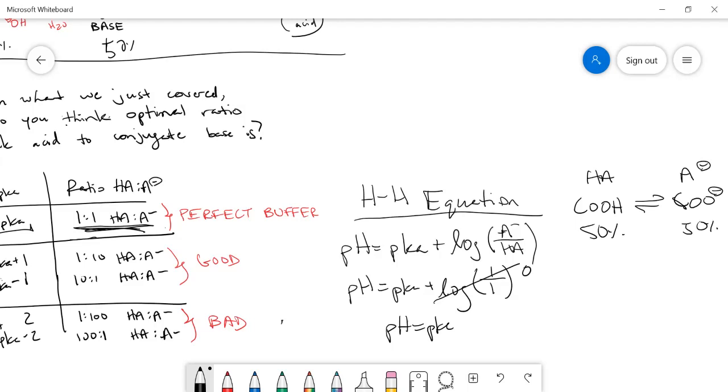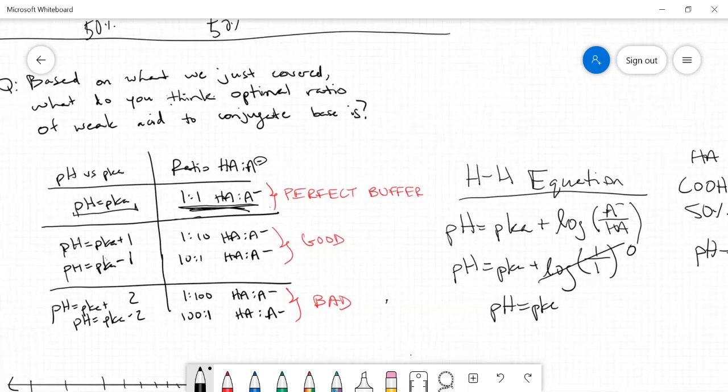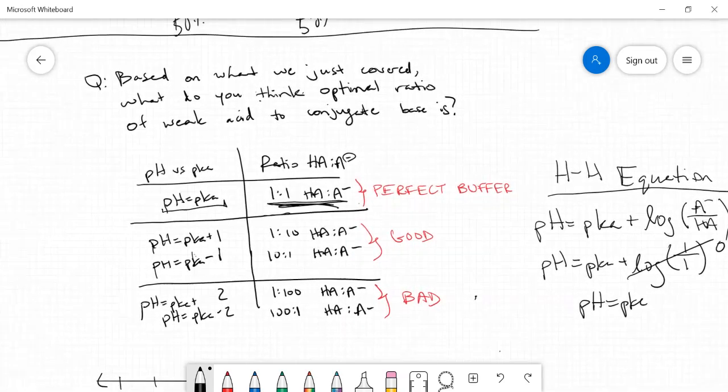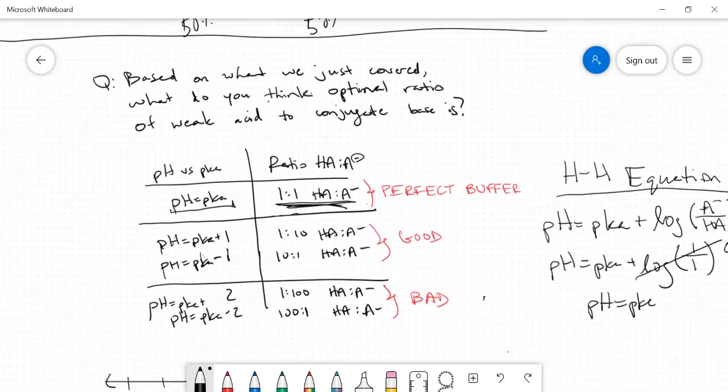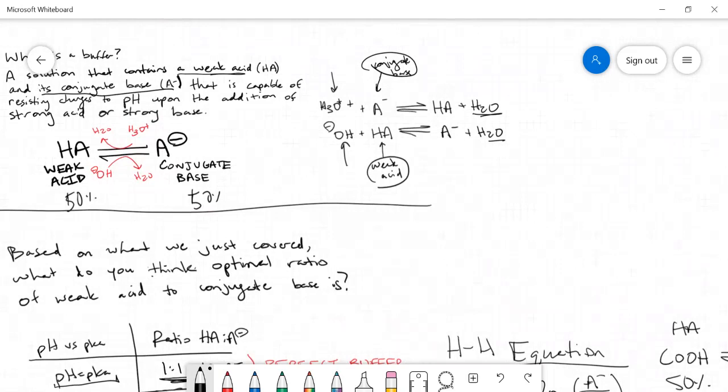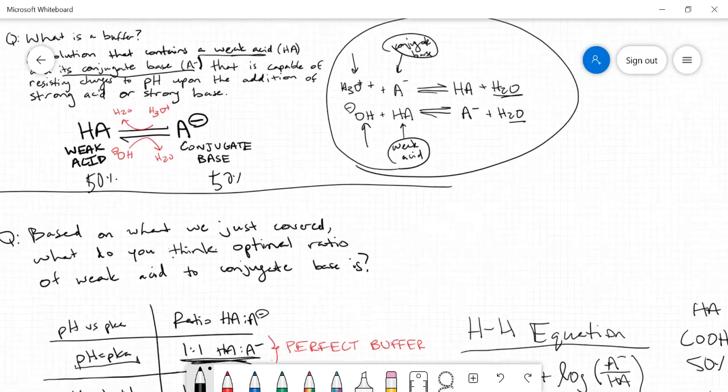The time when I'll have a 50-50 mix is when my pH is equal to my pKa, which is equal to, in this case, around 2.0 if this was connected to a free amino acid. But the idea here is that you're going to have the perfect buffer when your pH equals pKa, and you're going to have a 1-to-1 ratio. Again, the whole point of this is to come back over here, and you need both the weak acid and conjugate base so that you can neutralize a strong acid or strong base.